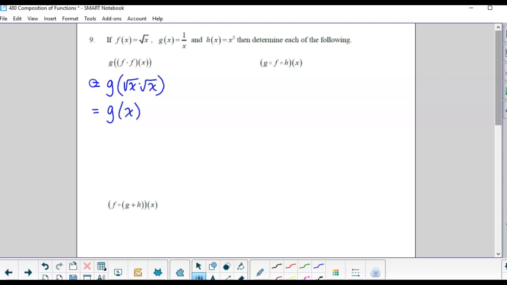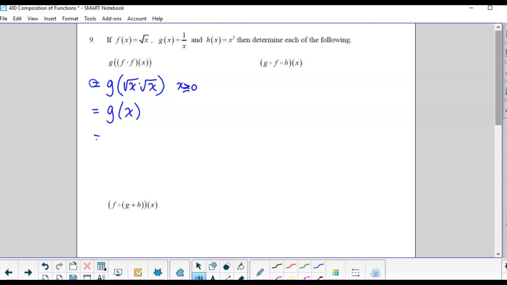Okay. And then, really it's x. X is going to have to be greater than or equal to 0 to start. So you don't need absolute value signs, because really that's root x squared, which is absolute value of x. But you don't need them because of your original function.